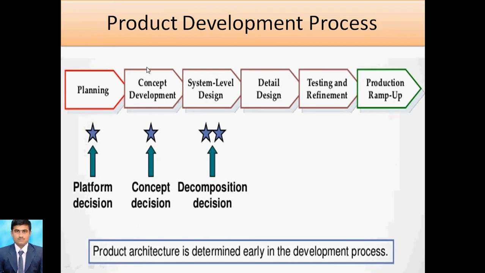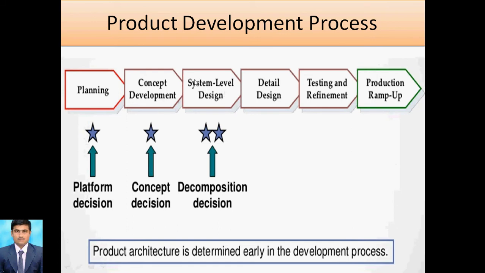The internal stakeholders are the employees of the company, and the external stakeholders are the customers. Then we take their views, and from this we conceptualize the product. After that we take the decision and move to the system level approach, that is system level design.